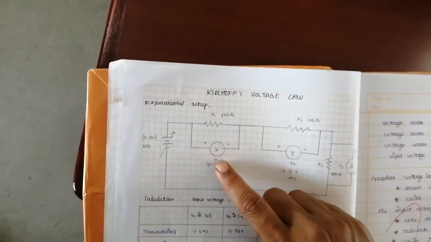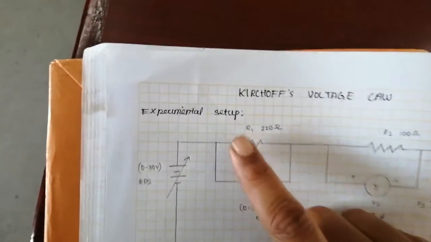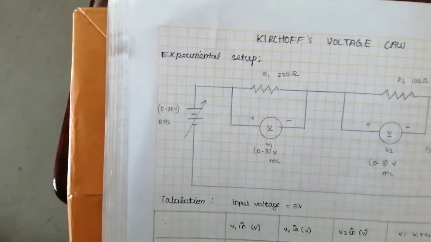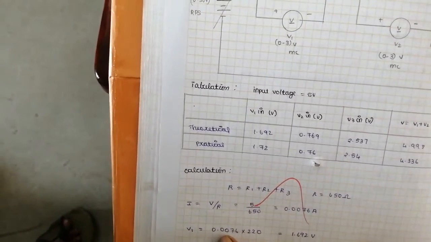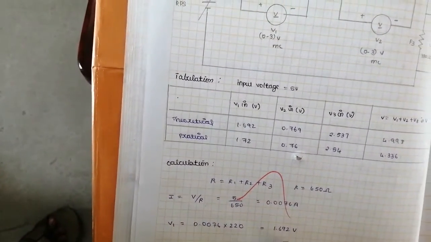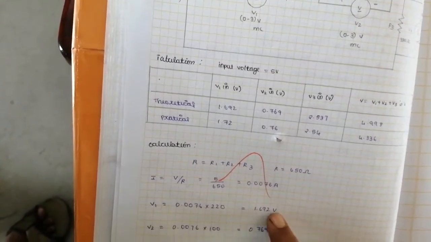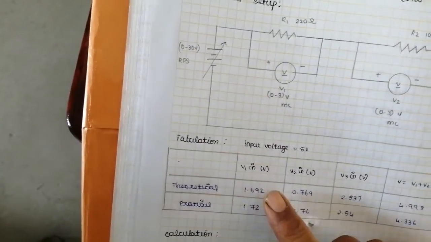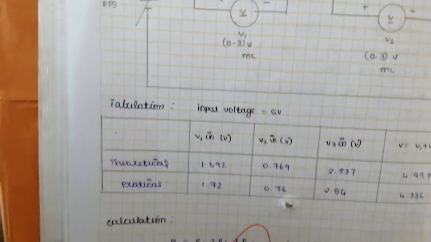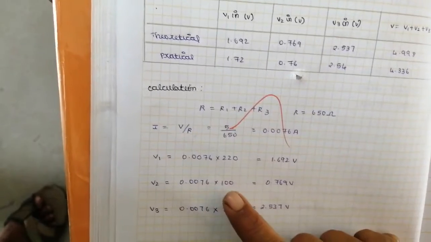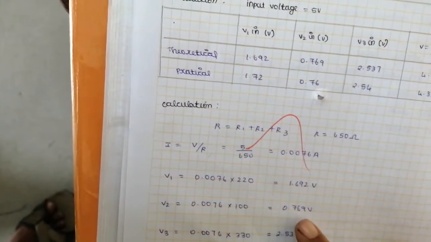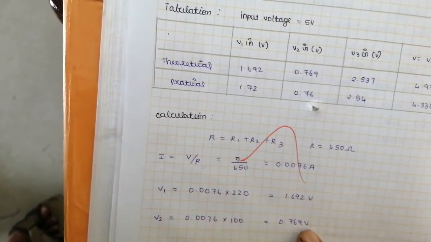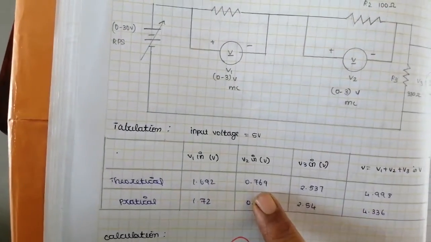What is the voltage across R1? V1 is nothing but I into R1. So V1 is 0.076 into 220 ohm, which is 1.692 volts. This is the theoretical value, and you have to tabulate it here. V2 is equal to I into R2, with R2 equal to 100, so the theoretical value is 0.769 volts.